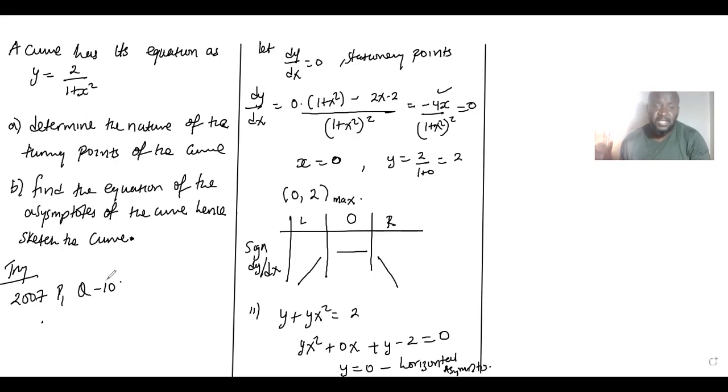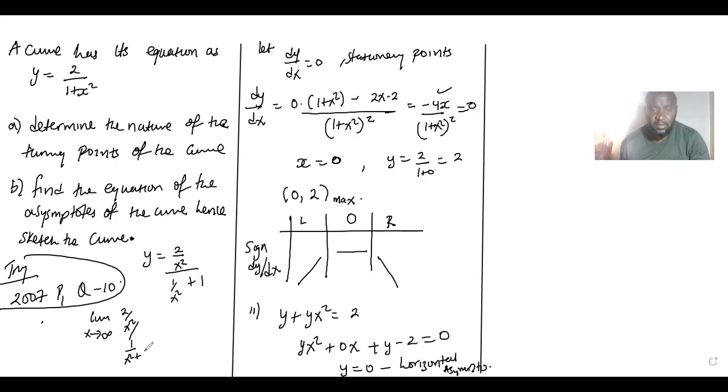If one wanted to use the other technique of division by the highest degree of x, you would get 1 over x squared plus 1. Then when you substitute the limit as x tends to infinity, you will see that you'll have 2 out of x squared over 1 out of x squared plus 1.